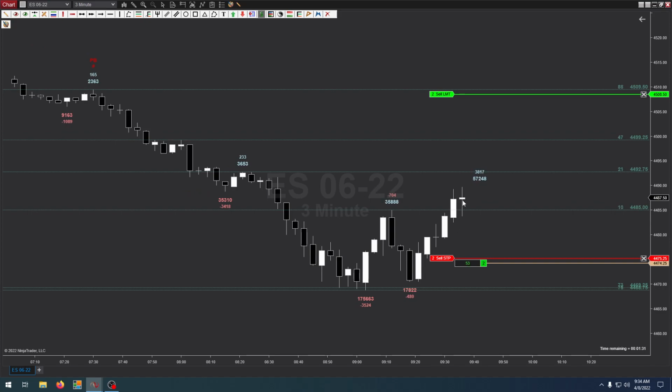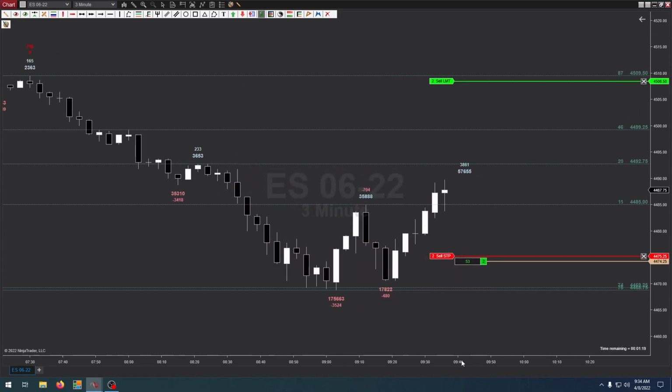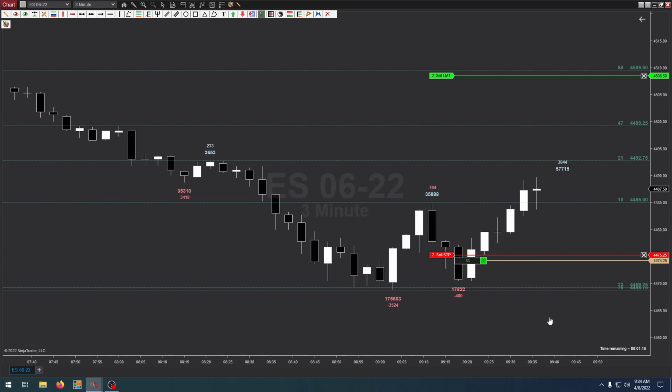Basically, price is just going back to where it came from. It came from up here. The price is trying to go back to where it came from. That's basically what it's doing. So that's the 3-minute. A minute left to go on this candle.